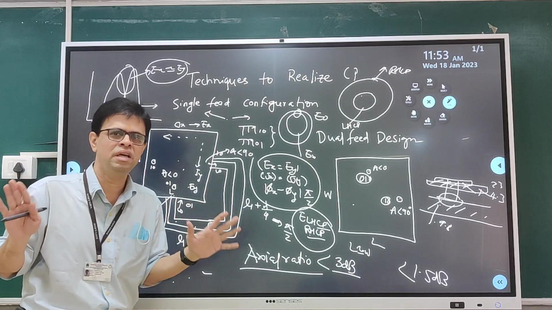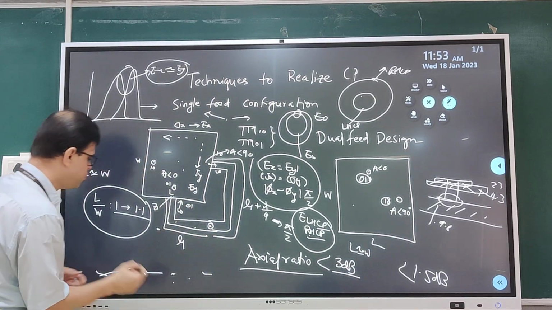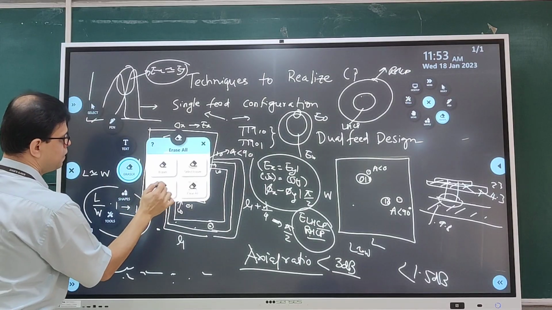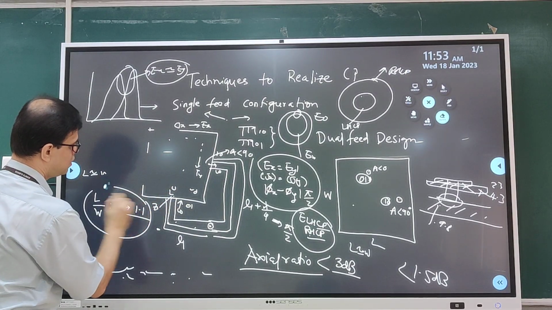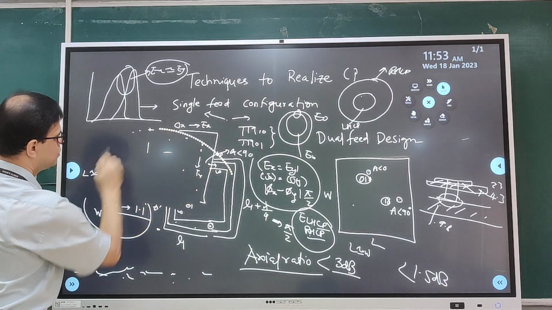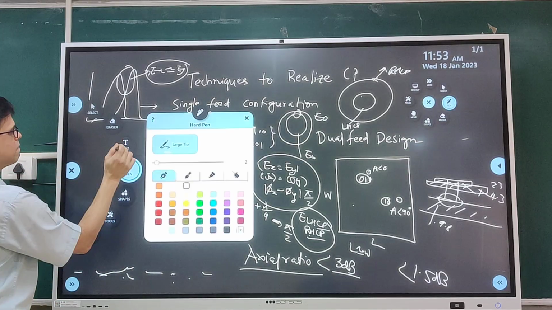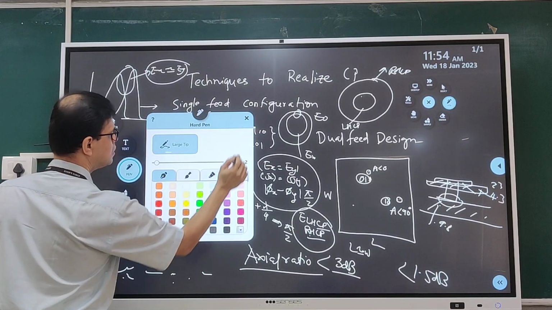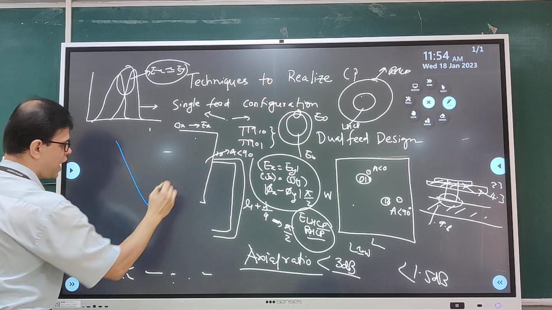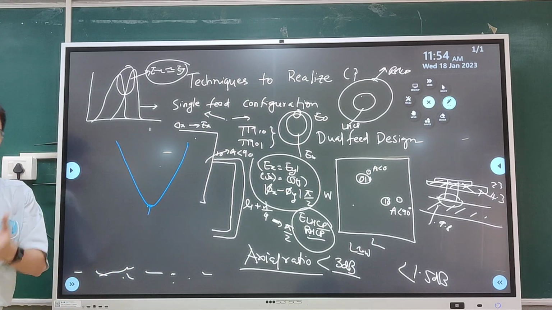Because it is very difficult, again I am saying it is very difficult to realize, because if you just design a circular polarized antenna, just to give you an idea, you will see the axial ratio plot minimum at a certain point. This is with respect to the antenna design.